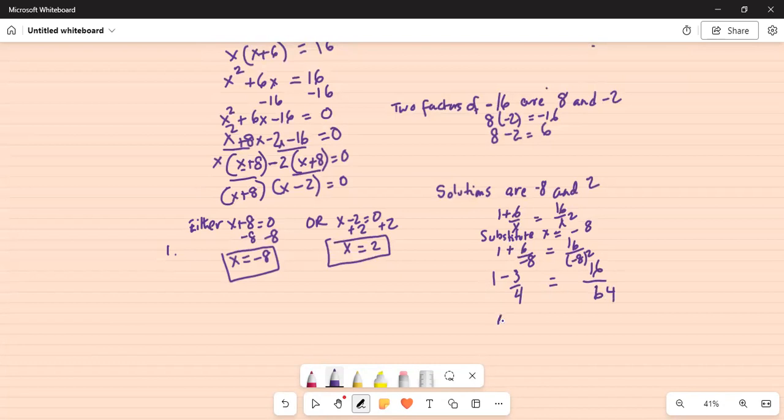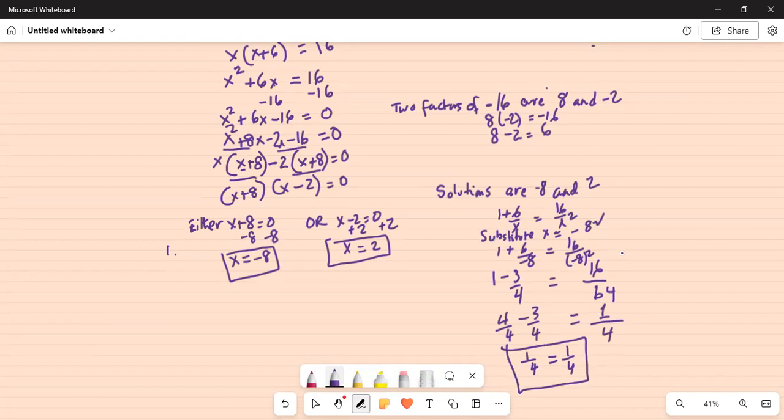So 1 minus 3/4 is 4/4 minus 3/4. And 16 goes into 16 one time and 16 goes into 64 four times. So 4/4 minus 3/4 is 1/4, which is equal to 1/4. So indeed, x equal to minus 8 is a solution. Okay, so this checks out.